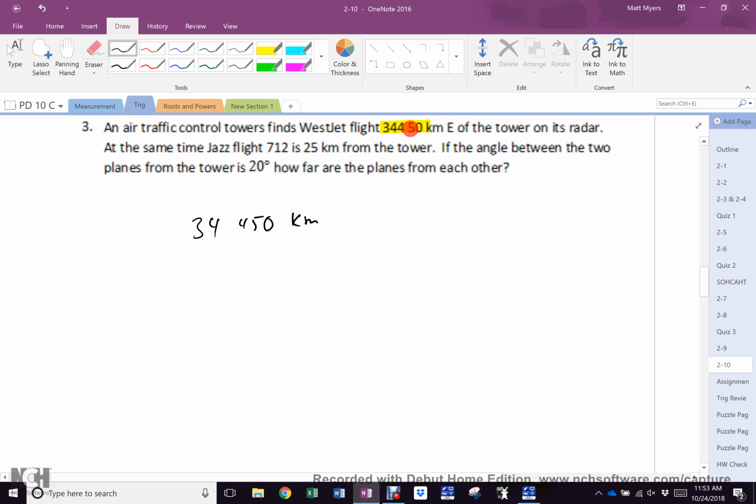And, of course, we don't write numbers 3, 4, 4, then a space. It is, of course, flight number 344. That is 50 kilometers east. Apparently, I needed one. Apparently, the best and brightest of the students in the school before you people did not know that flights had numbers.